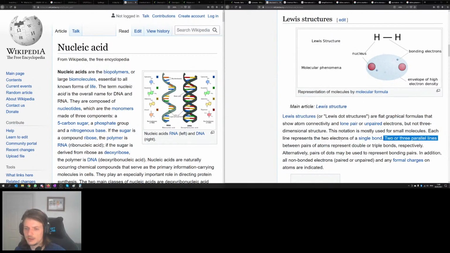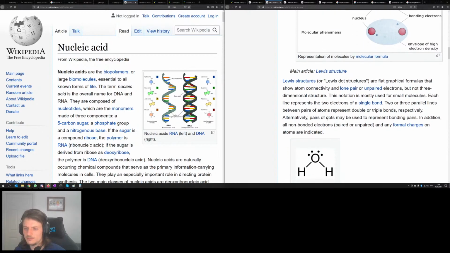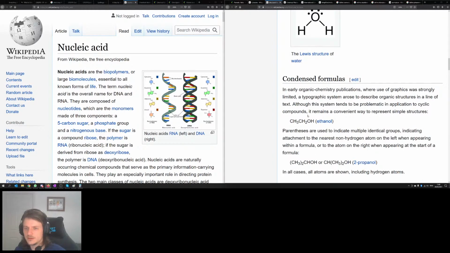Two or three parallel lines between pairs of atoms represent double or triple bonds, respectively. Alternatively, pairs of dots may be used to represent bonding pairs. In addition, all non-bonded electrons, paired or unpaired, and any formal charges on atoms are indicated.